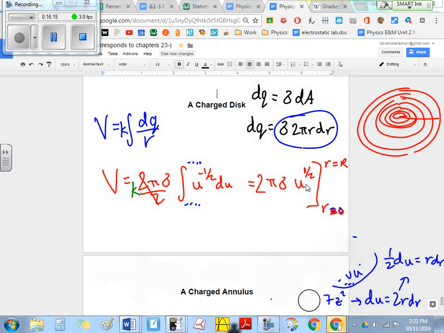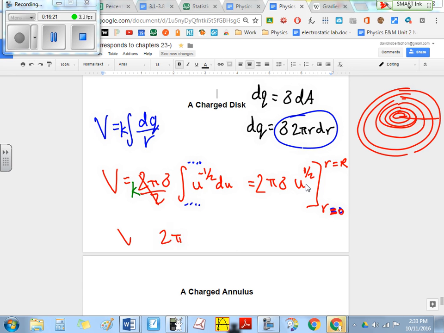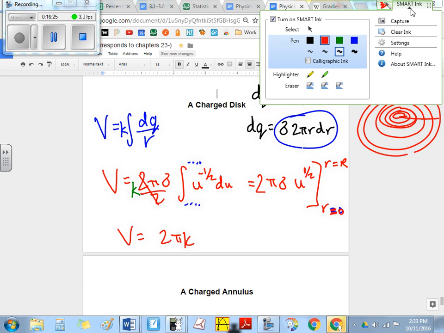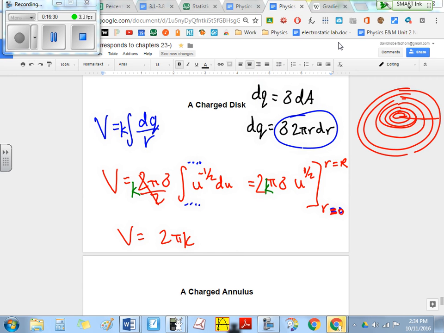I need to change the inside u back to what it was before. Remember, we said u was r squared plus z squared? Oh, I forgot my k again, didn't I? Silly k. Okay, you're a special k. 2 pi k sigma. And then it was basically square root of u.